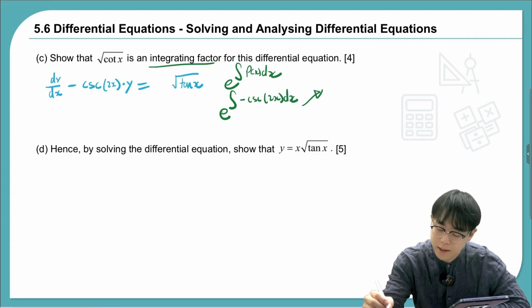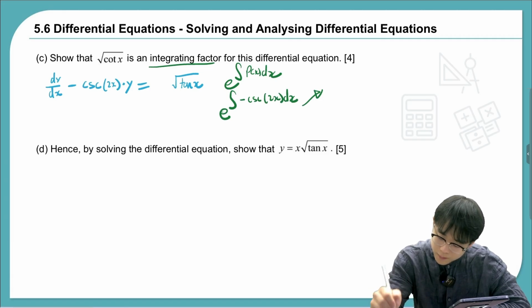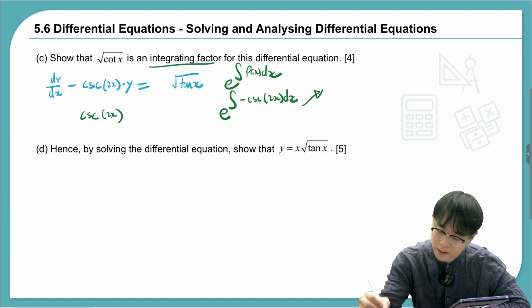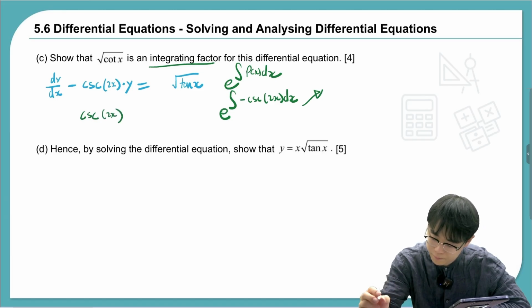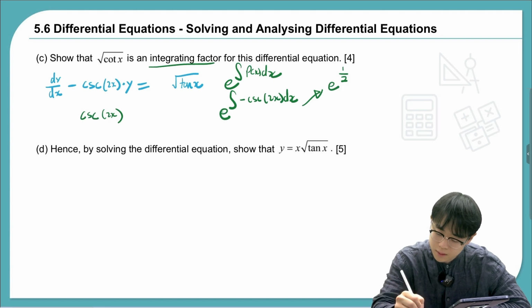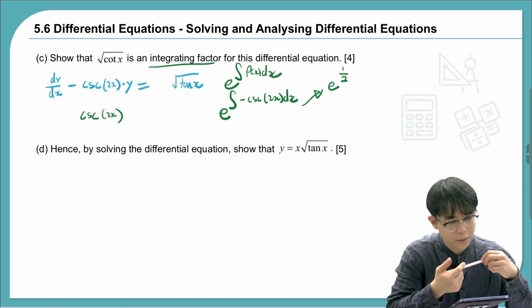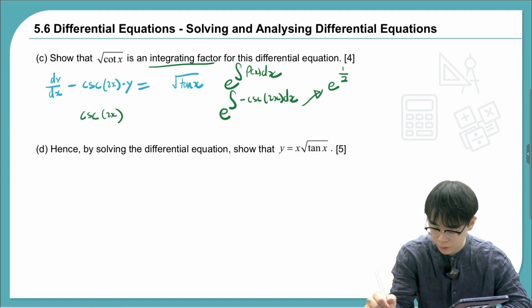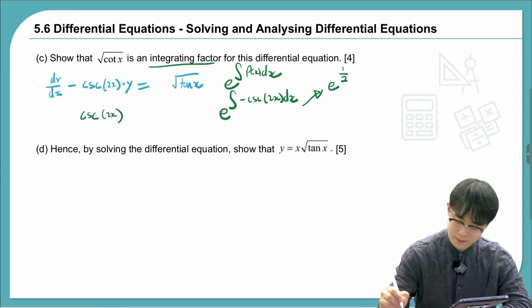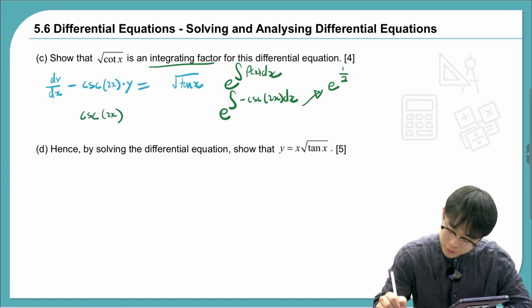And if we were to do that, we'd have 1/2 here. You can use your trigonometric identities to find what the integral of cosecant is, but that should give you ln of cotangent.